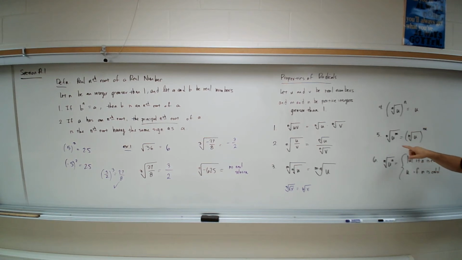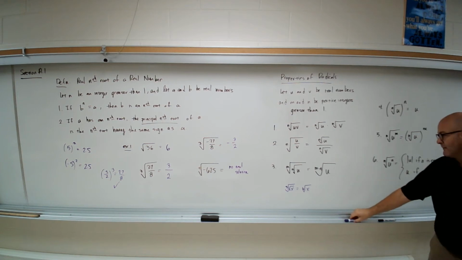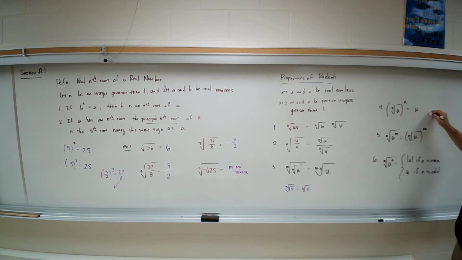Here, it just says that if you take a power of the radicand or the argument, you also could have taken the root first and then done the power. You have the option. You can either root first, then power. An example of where that would come in handy would be if you had, say, the 4th root of 16 to the 5th power. We're working this out by hand. I don't want to do 16 to the 5th power, ever.